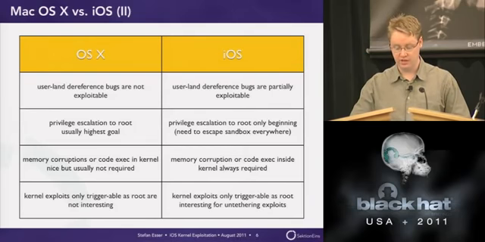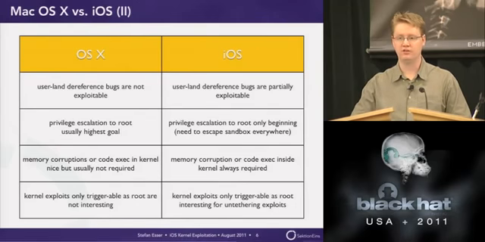security features. And the last thing that's different is when you have a kernel bug in macOS that is only exploitable as root user, you usually don't care because there's no code signing and things like that. So if you're already root, you don't care. And if you're already root, you're most probably also not in a sandbox and those kinds of things.